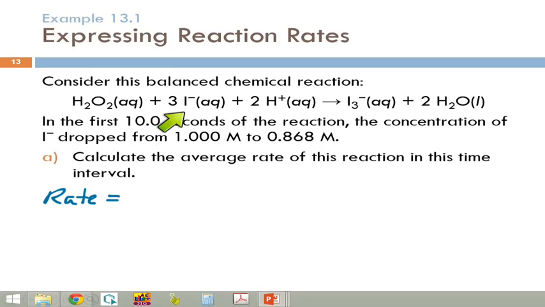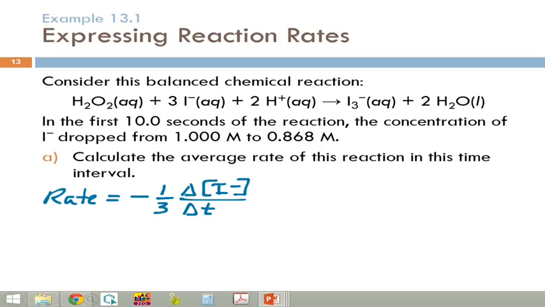So here's iodide. That's a reactant, so this needs to be negative. Is there a coefficient in front of it? 3. So we're going to multiply this by 1 over 3. 1 over the coefficient, and then we're going to do delta [I minus] divided by delta t. So the change in the concentration of that reactant divided by the change in time.